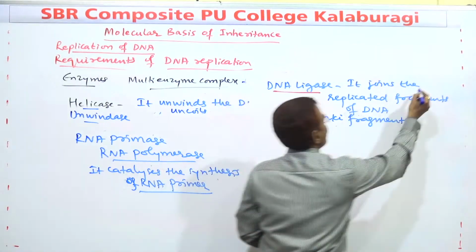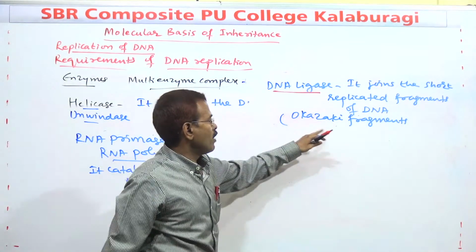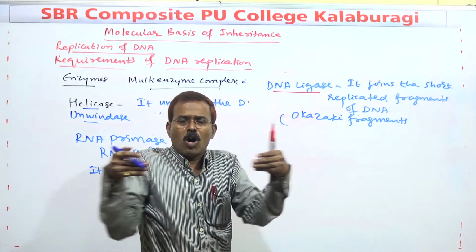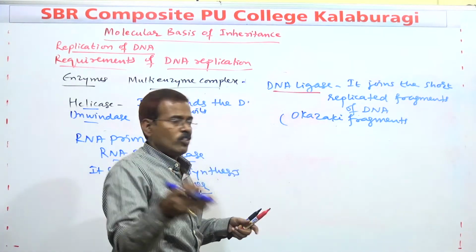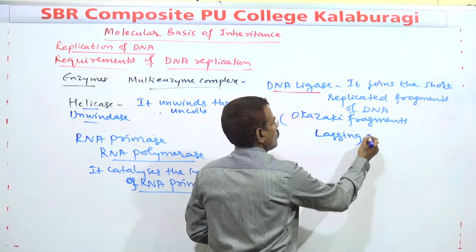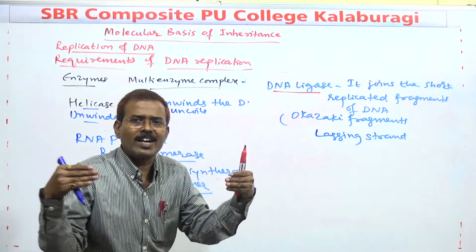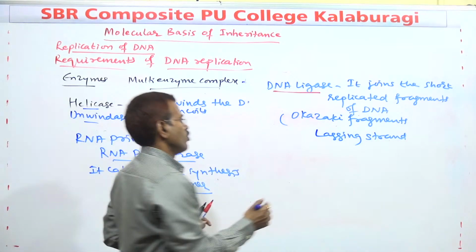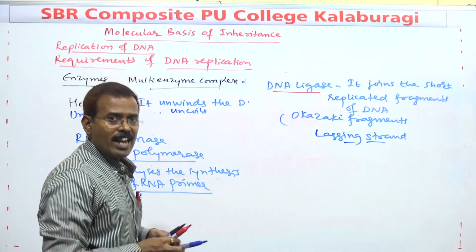It joins the short replicated fragments of DNA. So small newly formed DNA fragments will be joined and produce what we call lagging strand. When small replicated DNA fragments are joined, it is going to produce lagging strand, that is DNA ligase.